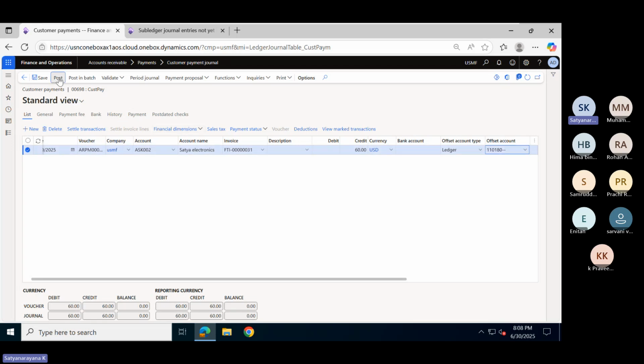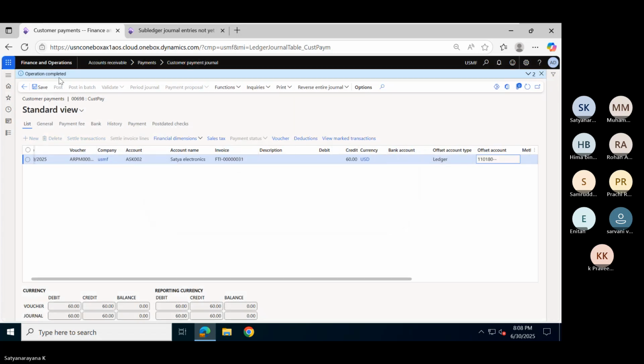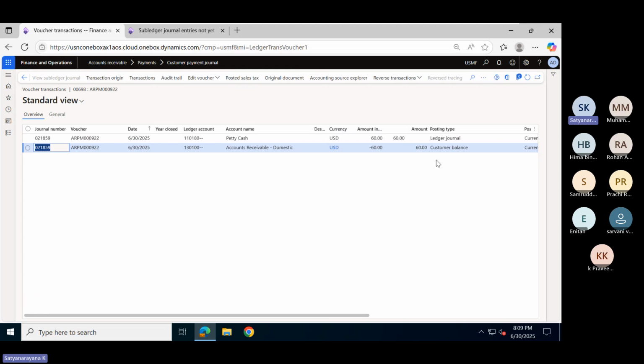So post. Now if you verify the voucher, you can see customer balance account like bank or cash. Cash account or bank account debit to customer account credit. That's what it is.